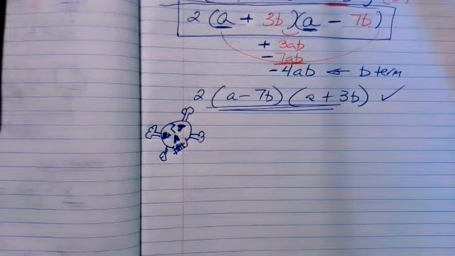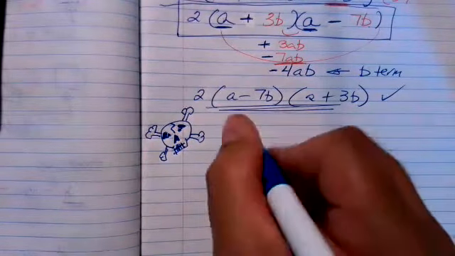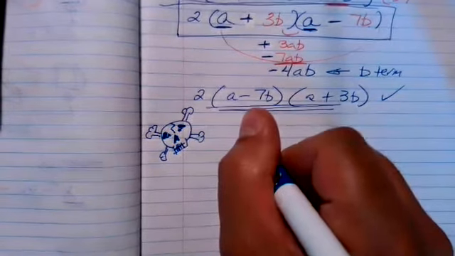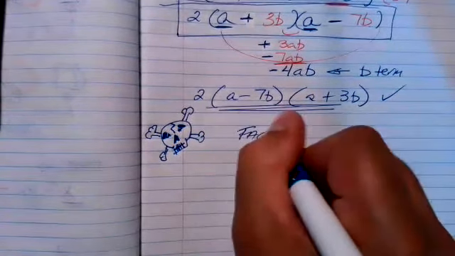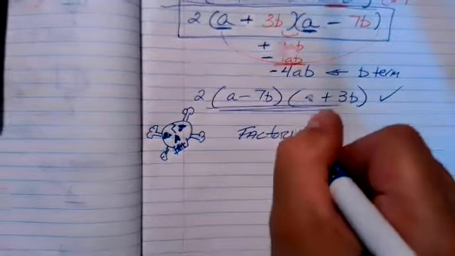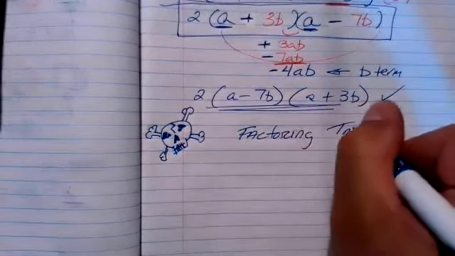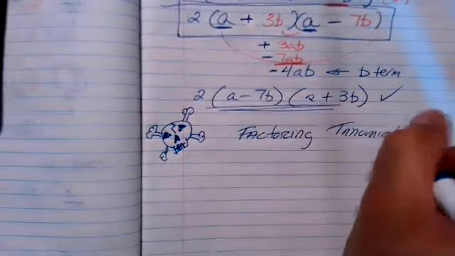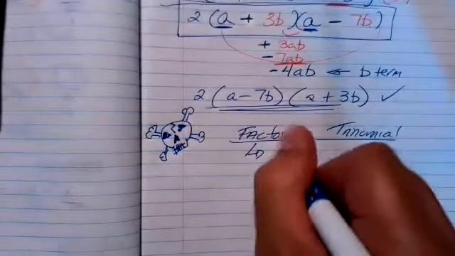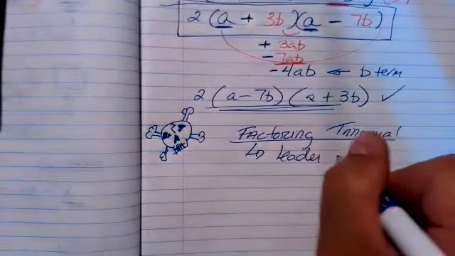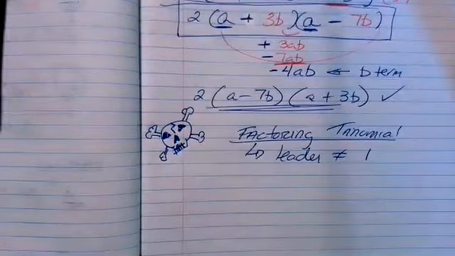Now it starts getting a little trickier. Now we're going to factor trinomials whose leading coefficient is not 1, where the leader is not equal to 1.